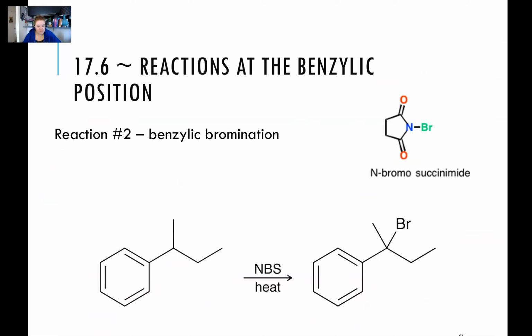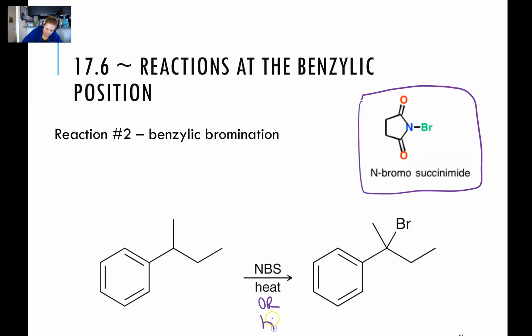Reaction number 2 is a bromination. So we saw this reaction back in our radical chapter, chapter 11. We're using NBS, which is N-bromosuccinimide, and heat. And technically we could use light for this as well, so heat or light. And we're going to add a bromine to that benzylic position.